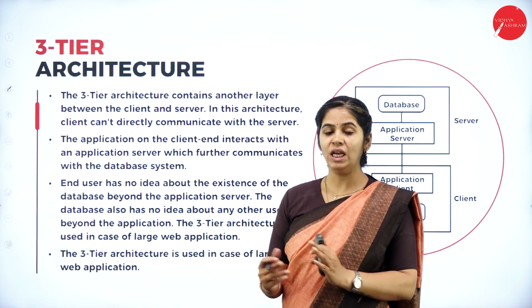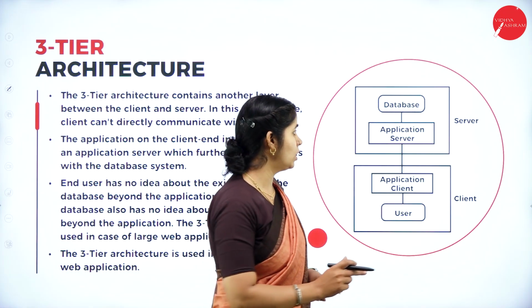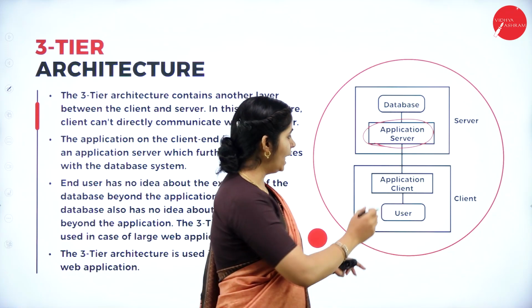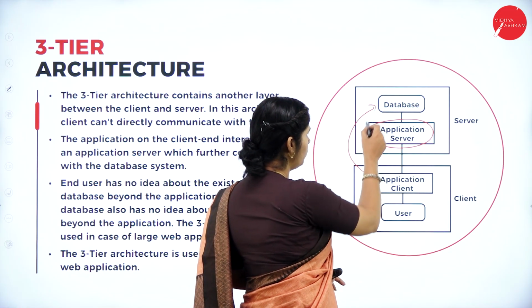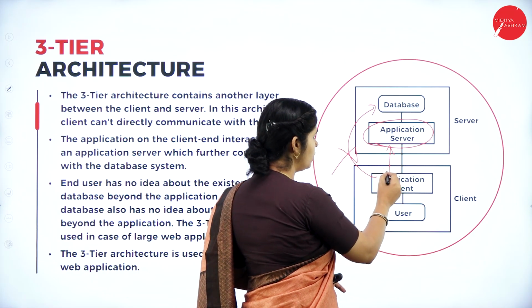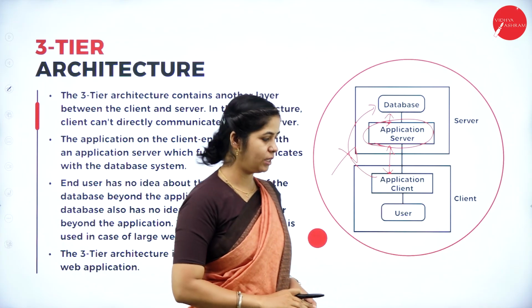When we come to the three-tier architecture, in the two-tier we have only a client application. Here we have a server application too. The client is not directly communicating with the server. The client is communicating with the application server, and from the application server to the database.